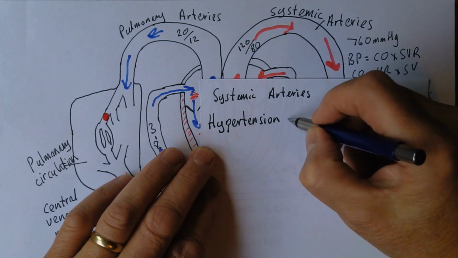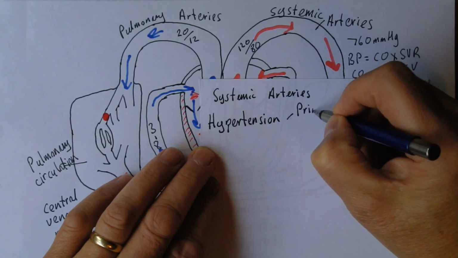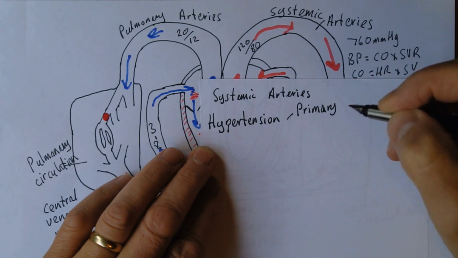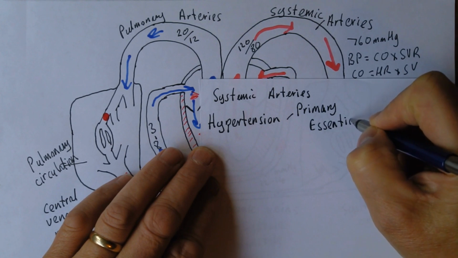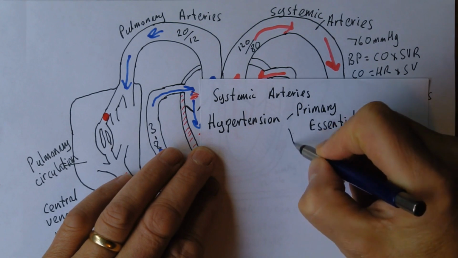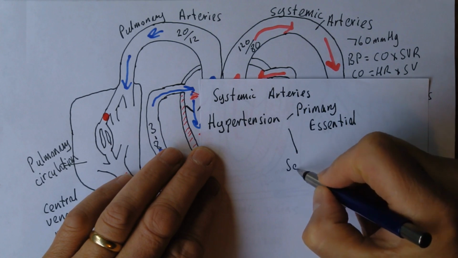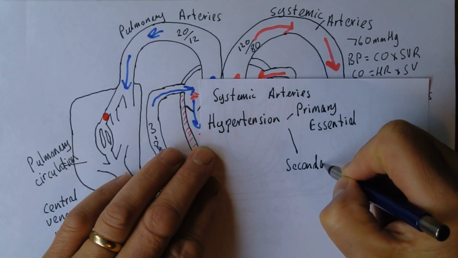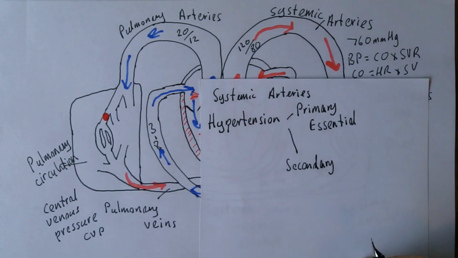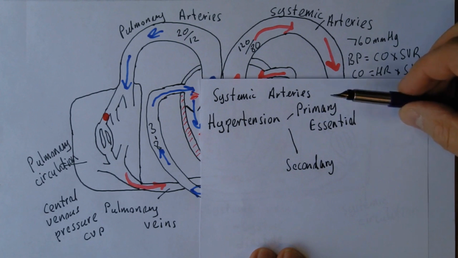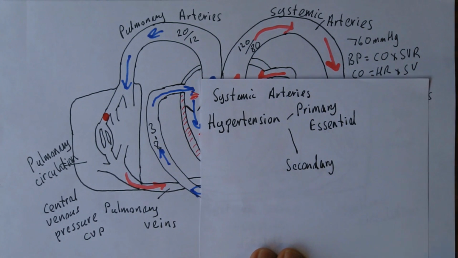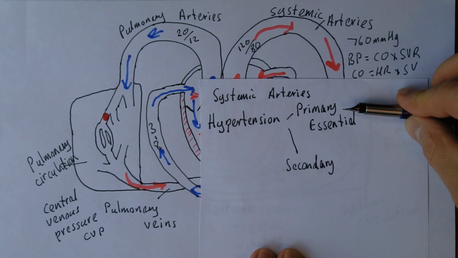Now this can be primary, also called essential hypertension, or it can be secondary. Now this is the same with quite a few diseases. A secondary condition is one which is caused by something else, whereas a primary condition is one which just arises without apparent cause.